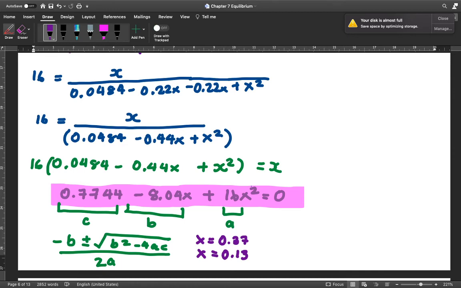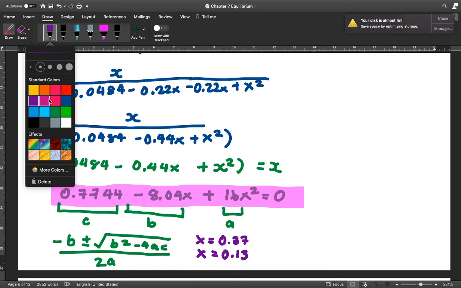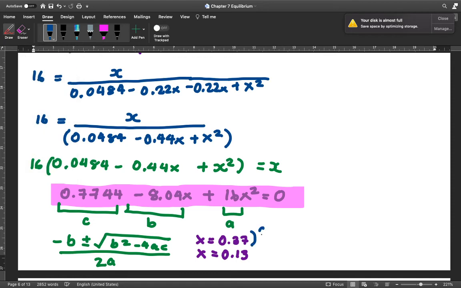We only had 0.22 moles per liter to begin with. So it does not make sense for it to reduce by 0.37. So picking a different color here, this does not make sense, right? So even though both of these values are positive, only one of them is really going to work out to be our final answer, right?